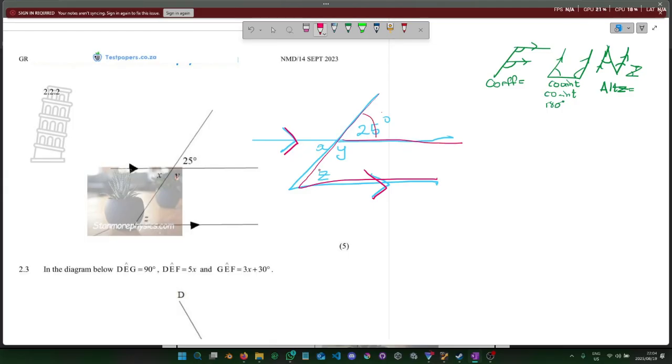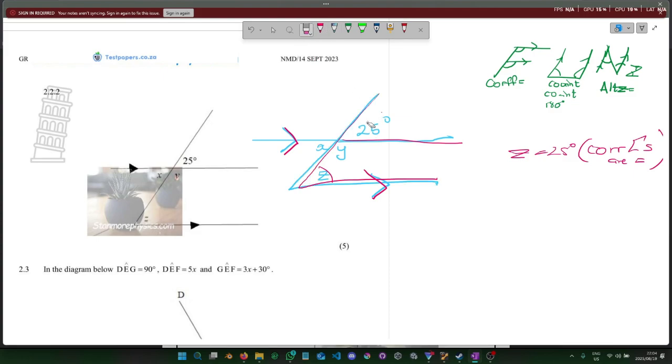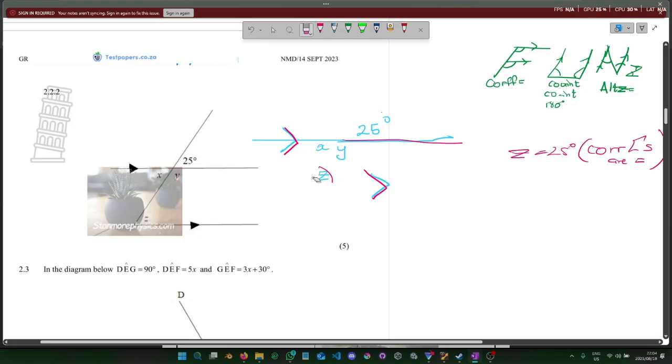Where the corresponding angles are equal, right? So then Z is equal to 25 degrees. Why? Because corresponding angles are equal, right? All right.